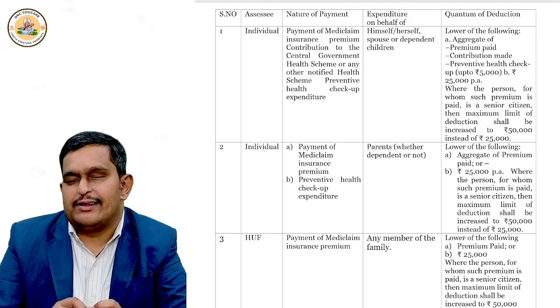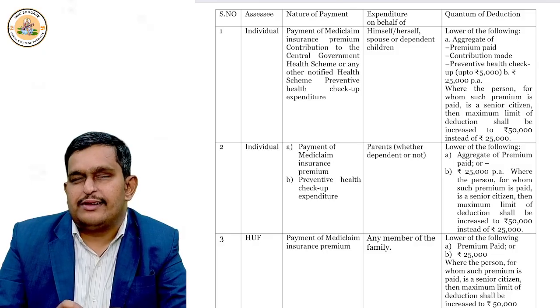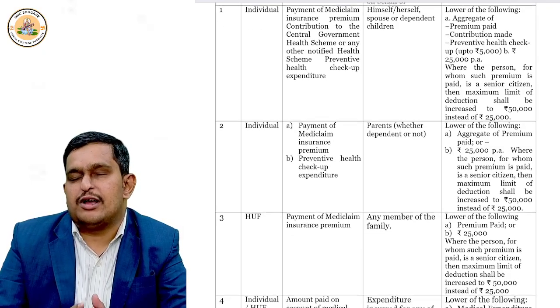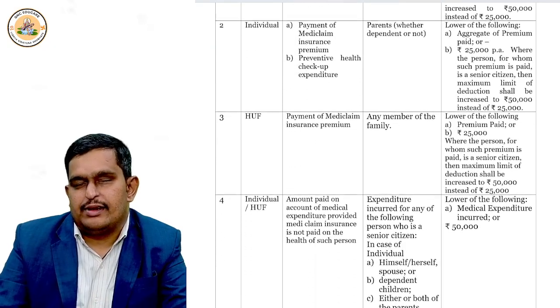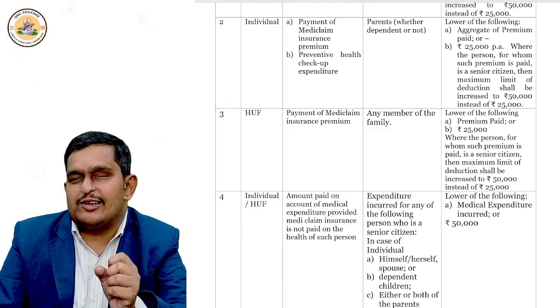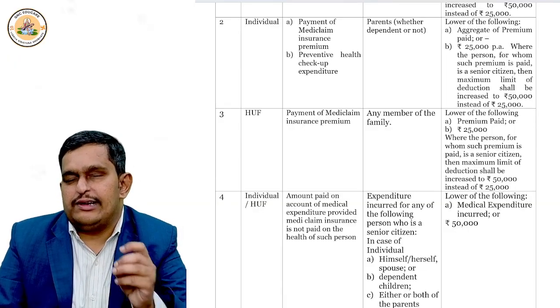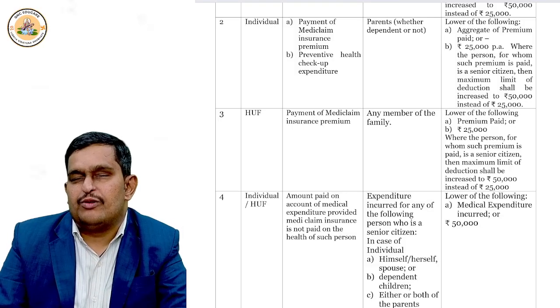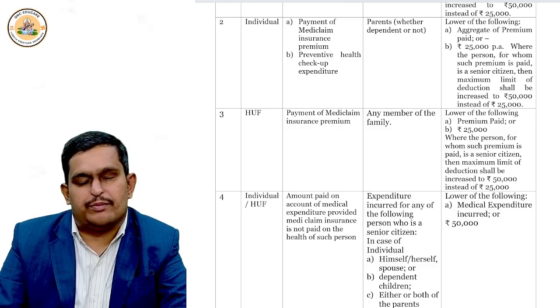The second point says, they are talking about an individual only. Same. They first spoke about self, spouse, children. Second will talk about the parents. So the individual is paying for whom? For the parents, right? For health insurance premium or preventive health checkup, no problem.